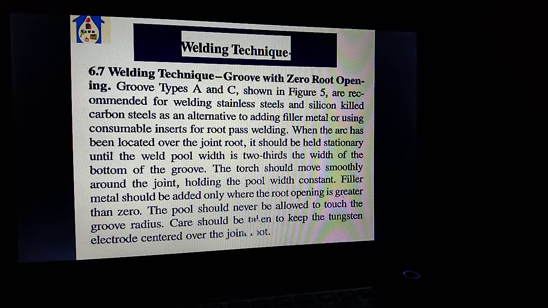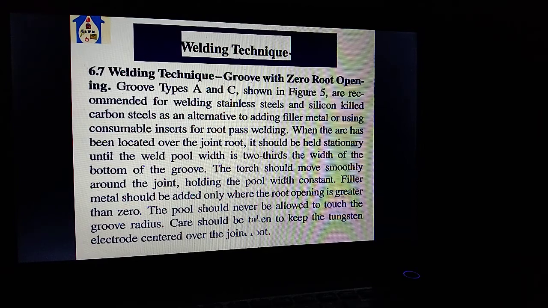The torch should be moved smoothly around the joint, holding the pool width constant. Filler metal should be added only where the root opening is greater than 0.